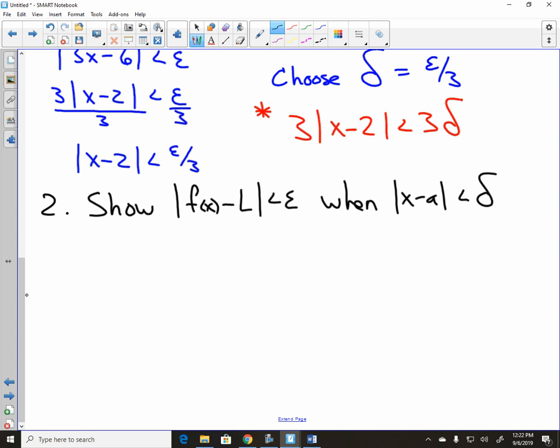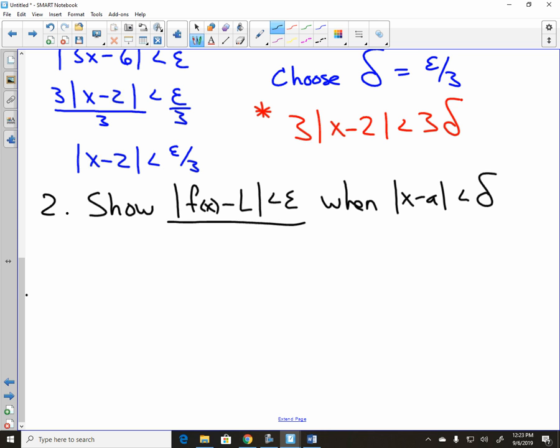Remember, the precise definition of a limit starts out as: let there be a function defined on an open interval, but maybe not at point a. Then the limit as x approaches a of the function is equal to L if for every epsilon greater than 0, there is a delta greater than 0 that satisfies this. So we're showing that this will be satisfied. Watch how we make this happen. It's very, very important. I'm going to make sure that this makes 100% sense to you.